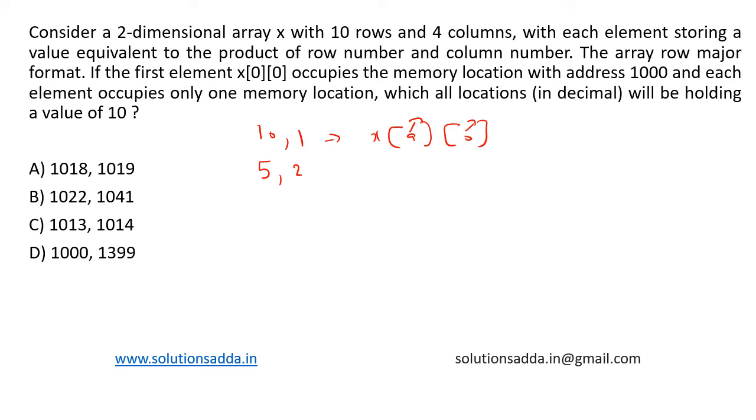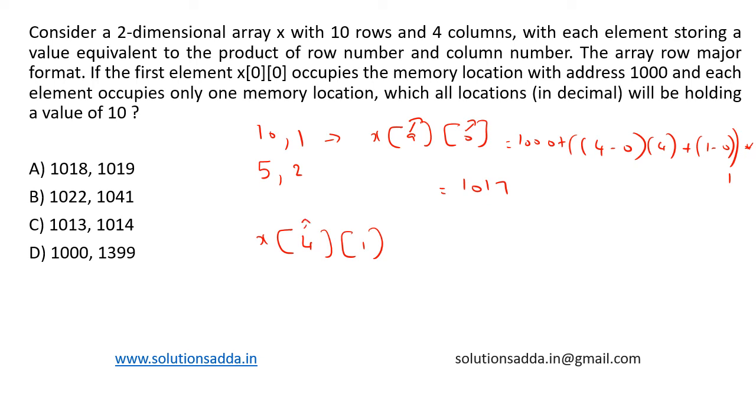So the basic formula would be 1000 plus 4 minus 0 into 4 plus 1 minus 0 the whole into 1, which would equal to 1017, and the second one would be stored at X of 4, 1, that is row 5 would be stored in index 4 and column 2 would be stored in index 1.